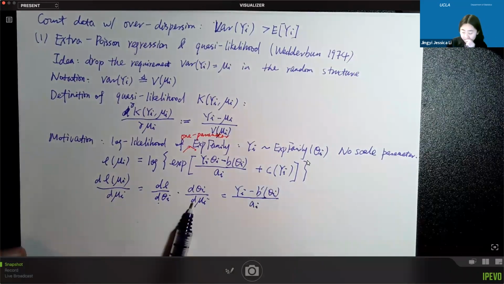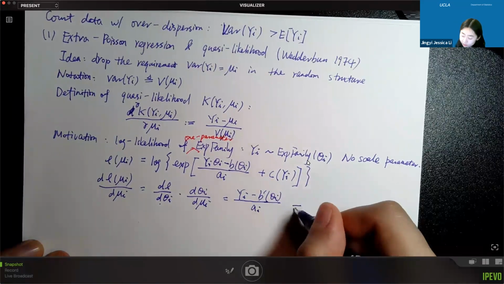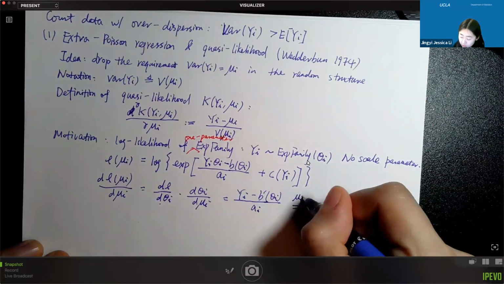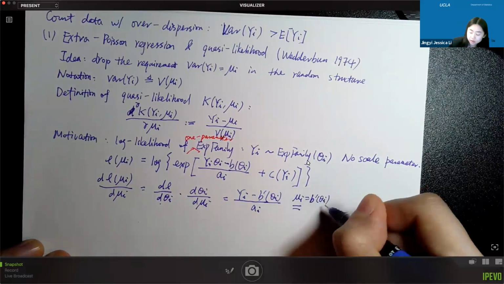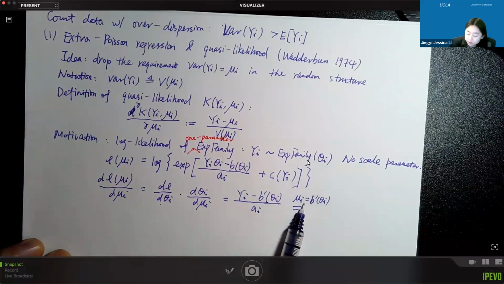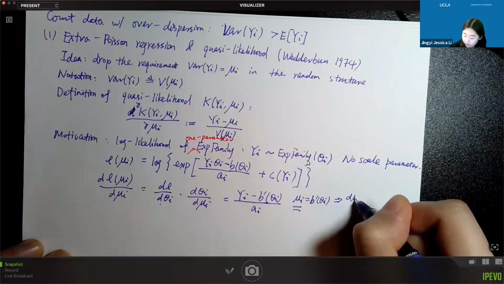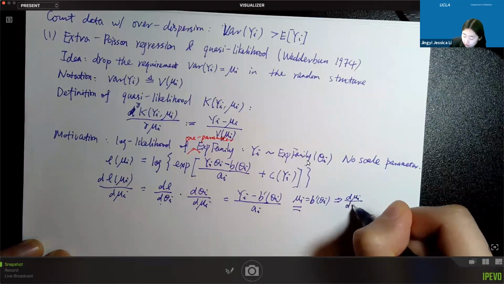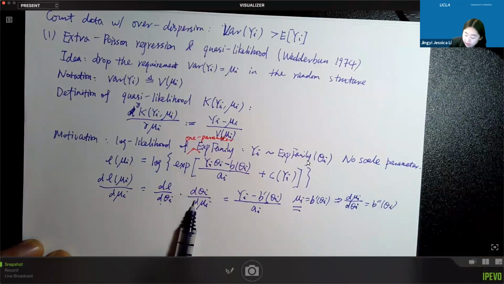For the second term, because I know the property that mu_i equals b prime of theta_i, d mu_i/d theta_i gives b double prime of theta_i. And what I need is d theta_i/d mu_i, so I take the inverse.